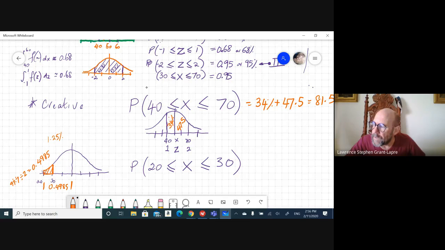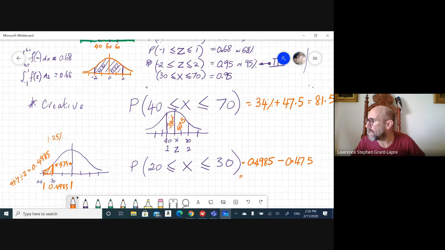And in here, we said it was 47.5, yeah? So therefore, we want 0.4985 minus 0.475.